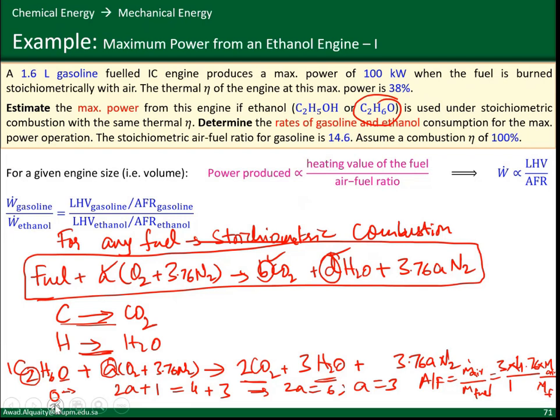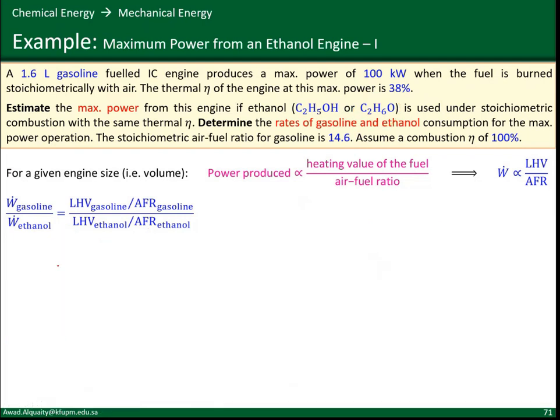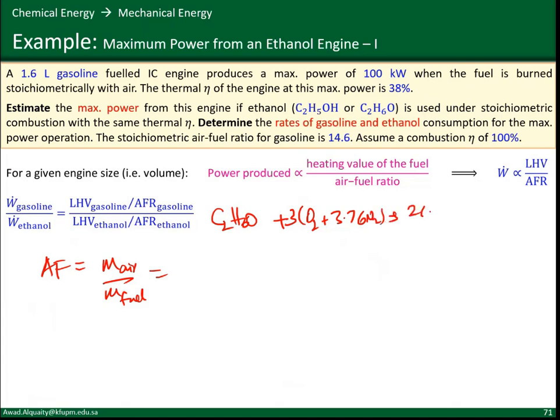Okay. So let's go back here. We're looking for air fuel ratio, and we said it's mass of air by mass of fuel. And in terms of the molar, the number of moles of air, we got it from balancing the chemical equation, which was C2H6O plus 3 times (O2 plus 3.76 N2) was giving us 2CO2 plus 3H2O plus 3.76 N2.